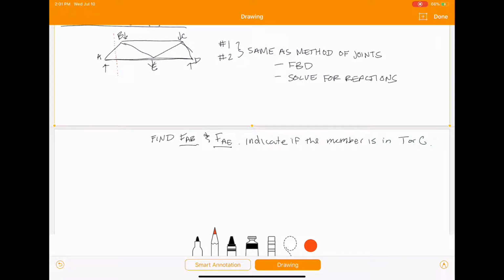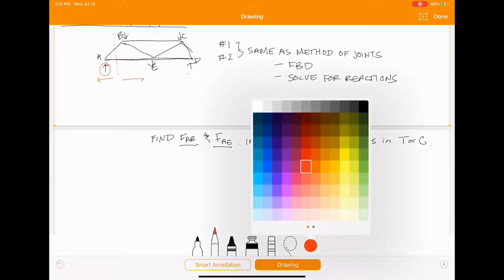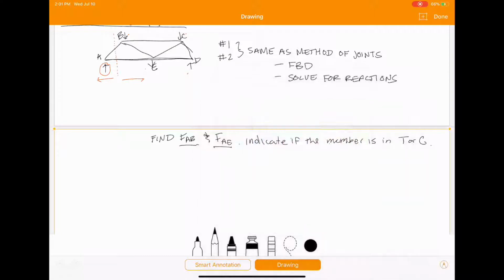Once you've cut it, you can look at the left side or the right side. I always like to pick the side with fewer forces. So in this case, the left side has one force versus the right side having 1, 2, 3, 4 forces. So we're going to look at the left side of the truss. And we're just going to redraw that down below.